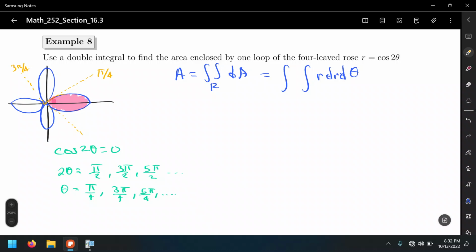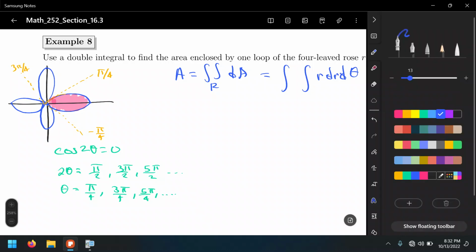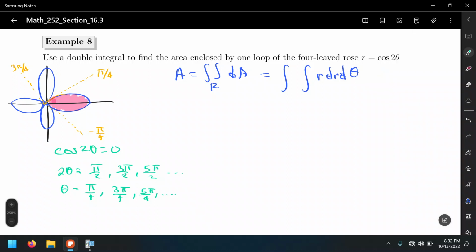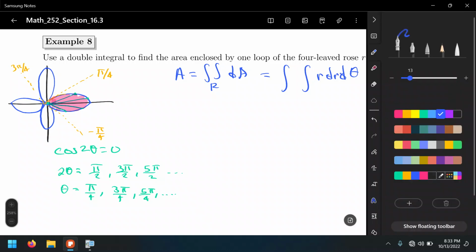well, another choice is to go from negative pi over 4. How about that? So we don't use these limits. What about the radius? How is the radius varying? From the origin to any point, these rays are going to point towards whatever the function is, in this case cosine 2 theta.